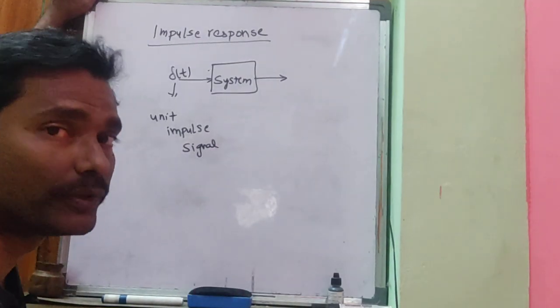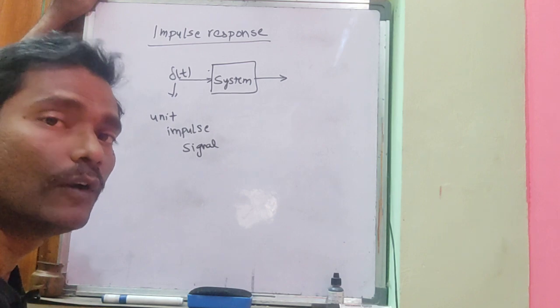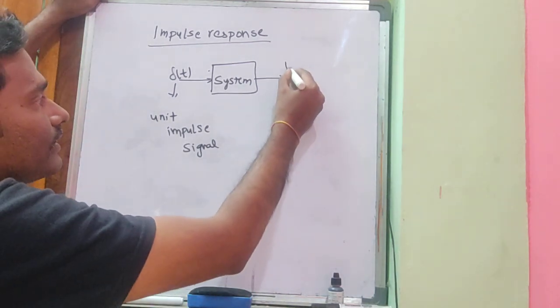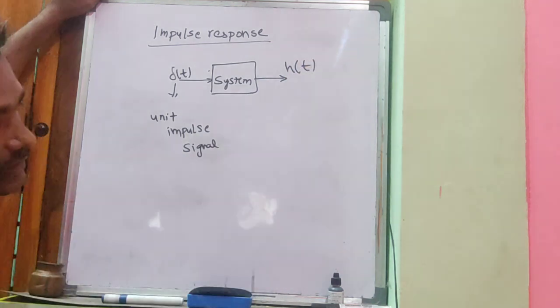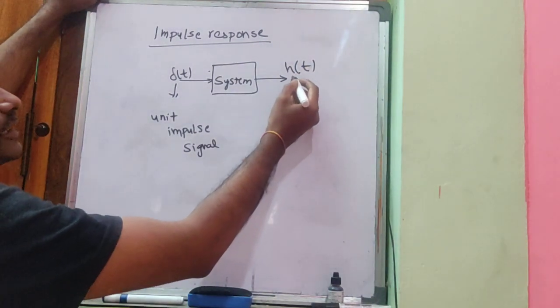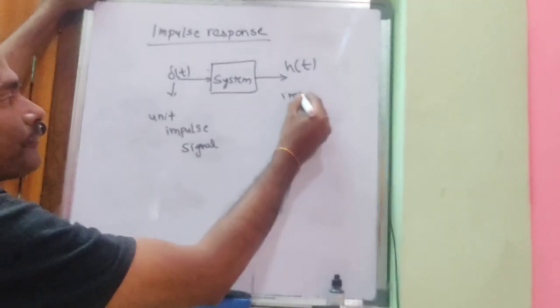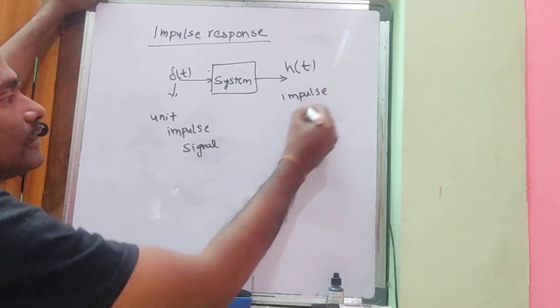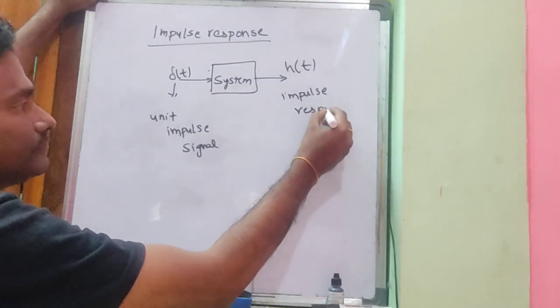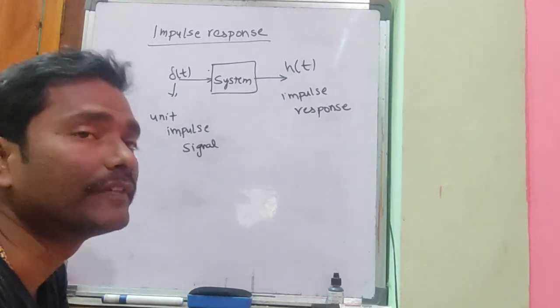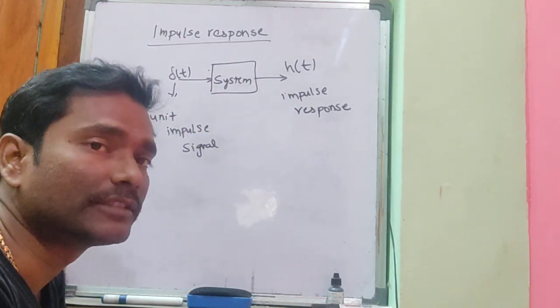We do not represent this output with y of t, but there is a reserved letter for it: h of t. That is the impulse response, where h represents the impulse response.